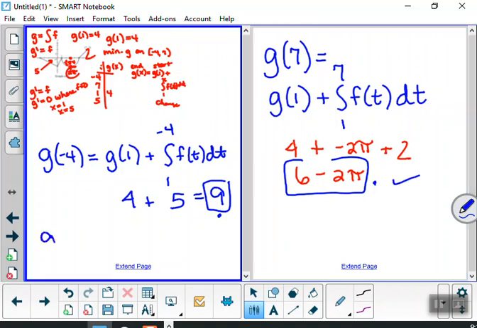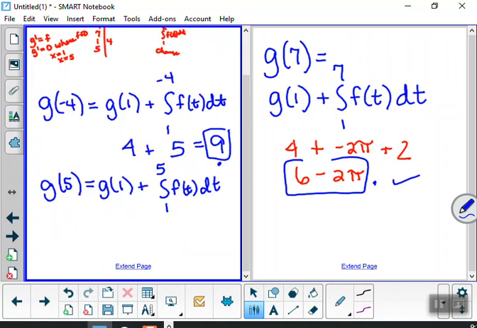Let's check out G of 5. So that would be G of 1 plus the integral from 1 to 5 of F of t dt. And so that's the 4 again plus just the circle.